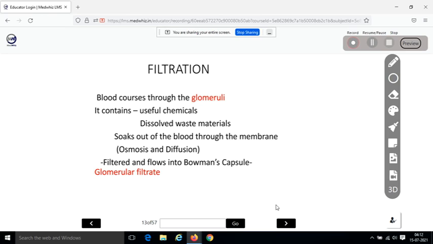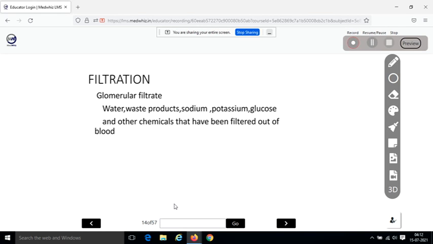As we know, urine formation occurs by filtration, reabsorption, then secretion. Filtration: blood courses through the glomeruli, and it contains useful chemicals and also dissolved waste materials, which soak out of blood through the membrane by osmosis and diffusion, producing a filtrate that flows through Bowman's capsule to form the glomerular filtrate.